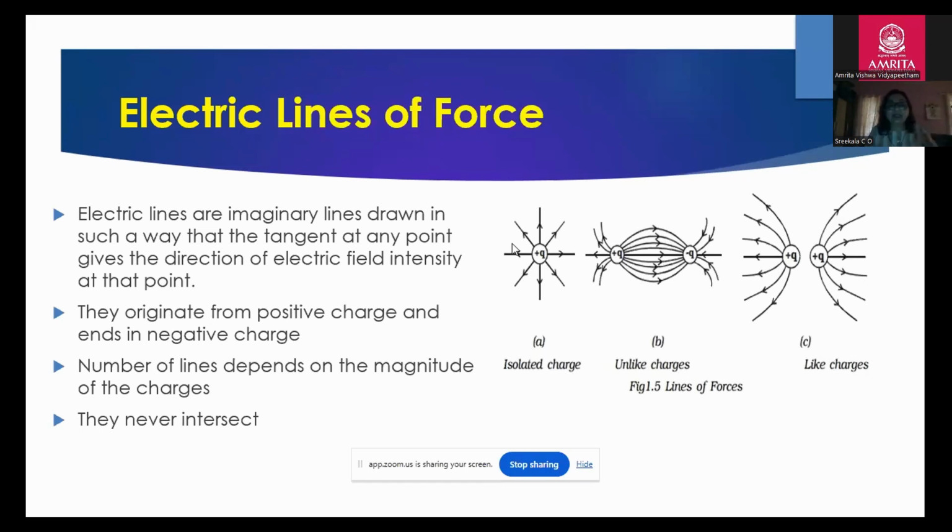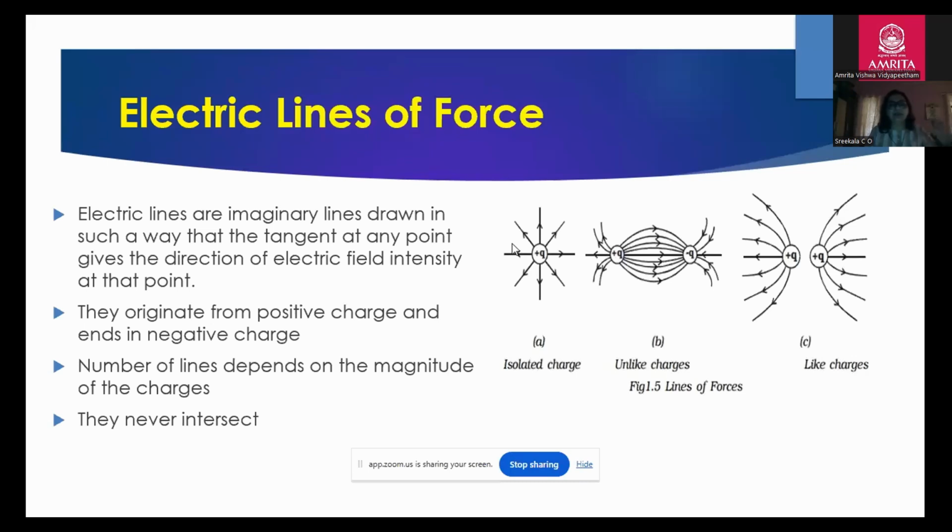These are the characteristics of electric lines. So what are electric lines? Electric lines are imaginary lines drawn around a charge, whether positive or negative, in such a way that the tangent at any point gives the direction of electric field intensity at that point. They originate from a positive charge and end on a negative charge.